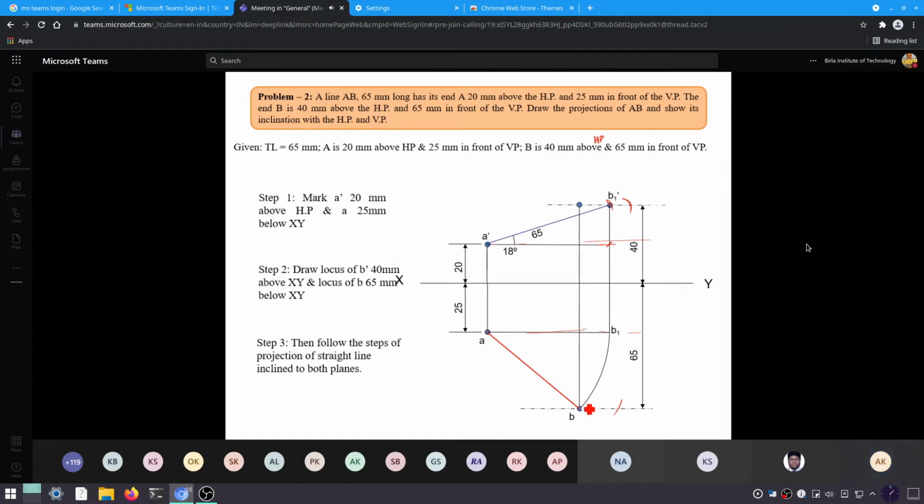And we are using the other knowledge over here that the end projectors should contain both top view and front view. So this will give us the front view.